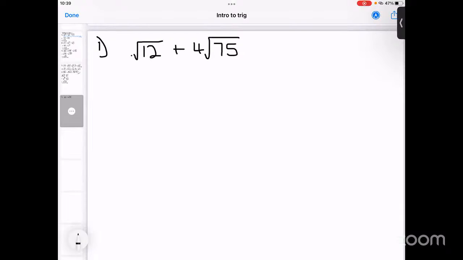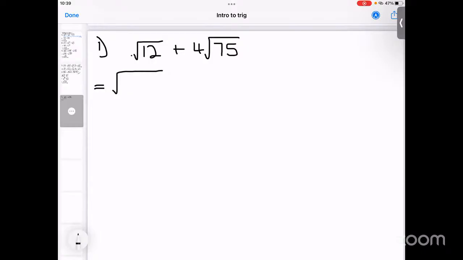Yes, this is what you are given, where you might need to rewrite that 12 and 4 square root of 75. Remember, if you are given a problem similar to this, all that you can do is to simplify because it's an expression.